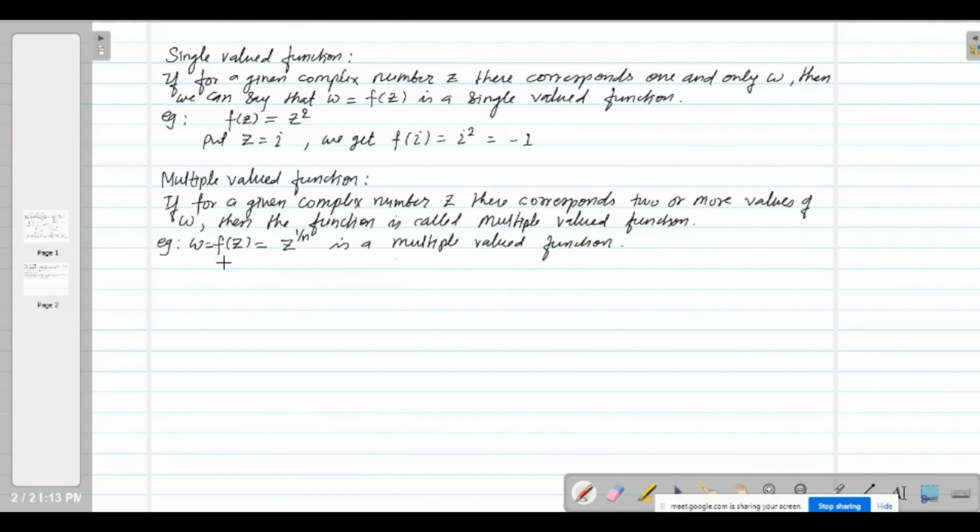Why is this so? Because this function gives the nth root. So this is a multiple valued function. Getting? Yes or no, students? You got it?